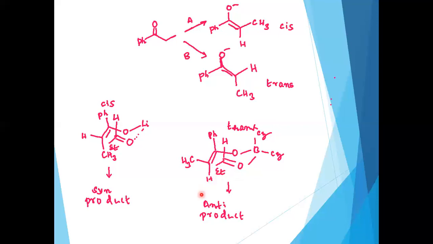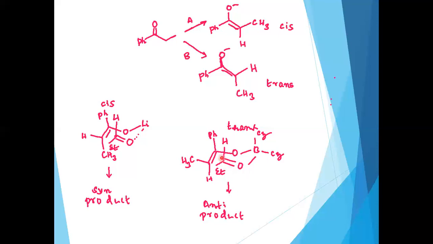Now to see the mechanism, this bond's electrons would come on to make a double bond, then these pi electrons through this carbon will add to this carbonyl carbon, and this O will become O minus, that will become protonated to give OH.